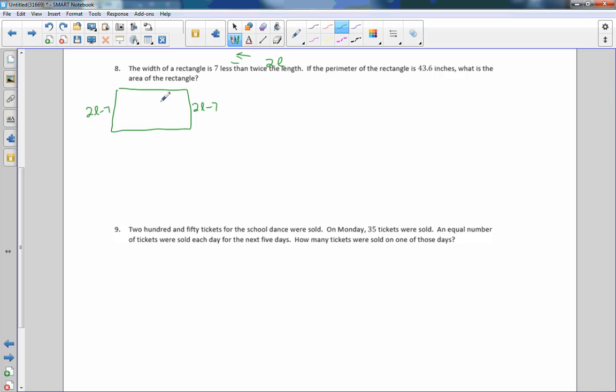So now I know both these two sides, so I can now represent them as 2 times 2L minus 7, plus, I don't know the length, so I say plus L, that would be this L, and then there's another L over here, so that's another L there. And the perimeter is all the sides added up.